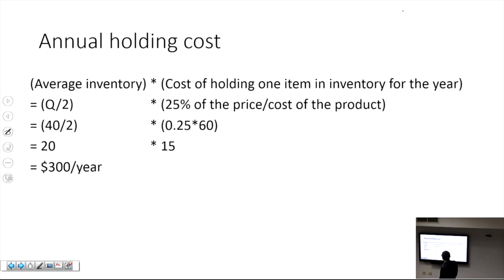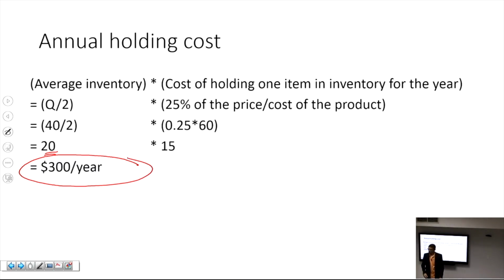So those are your annual holding costs, all right? Your annual holding cost for the entire year is your average inventory level times the cost of holding one item in inventory, okay? So these are your annual holding costs for the entire year.